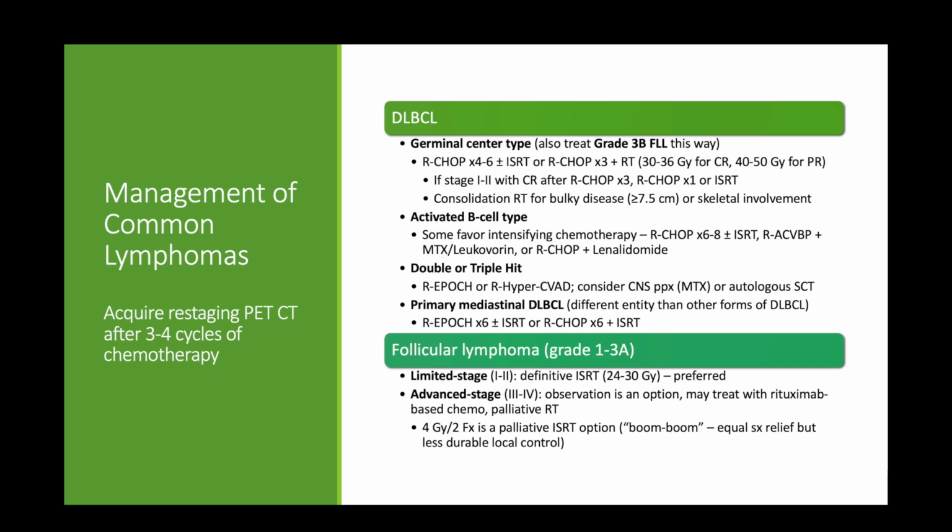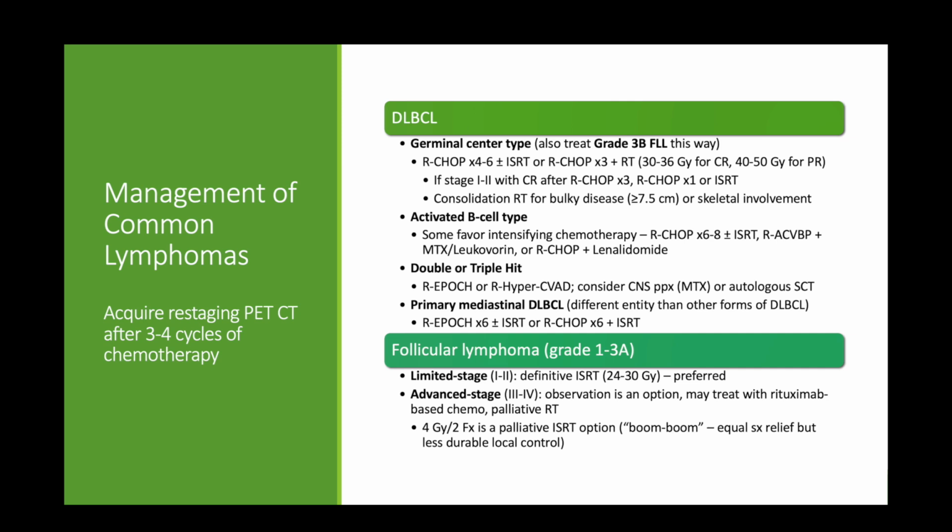Or if the patients are only receiving 3 cycles of R-CHOP, then we can consider adjuvant ISRT 30 to 36 gray if they have a complete response, or 40 to 50 gray if they have a partial response. If they have stage 1 to 2 disease and they have a complete response after 3 cycles of R-CHOP, we can either follow that with 1 cycle of R-CHOP or ISRT.